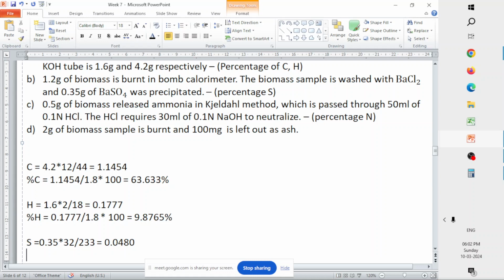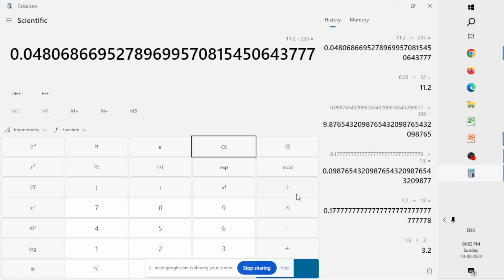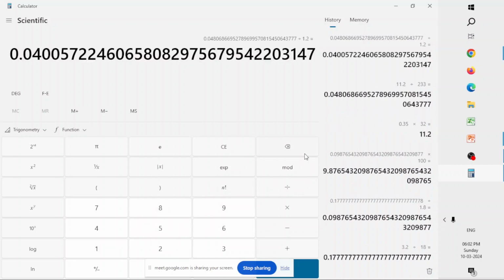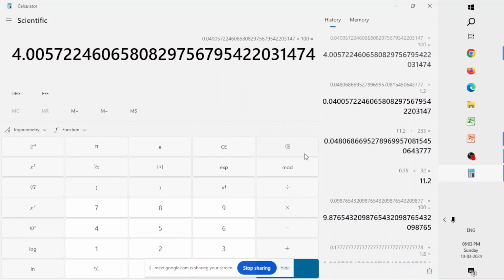So the percentage of sulfur will be 0.0480 divided by your biomass sample weight, that is 1.2, multiplied by 100. So that will be 4.0057%.